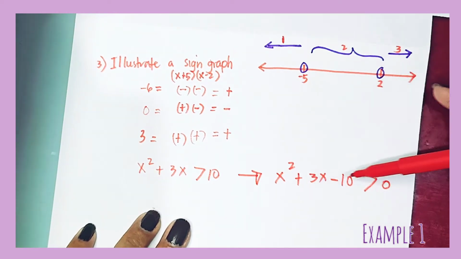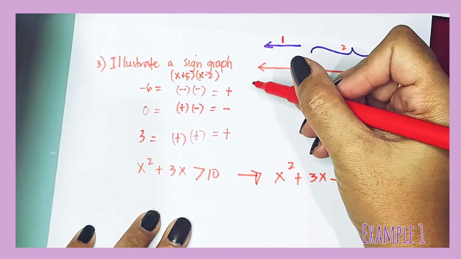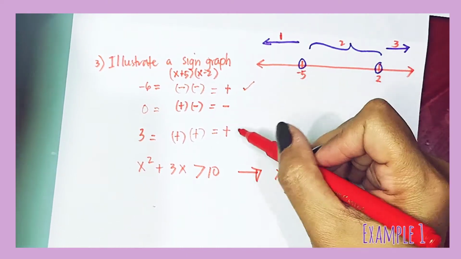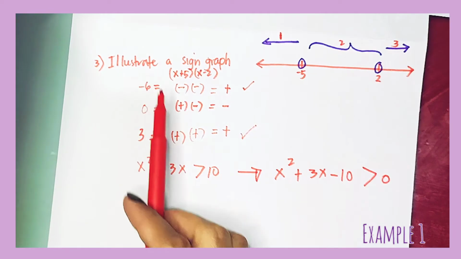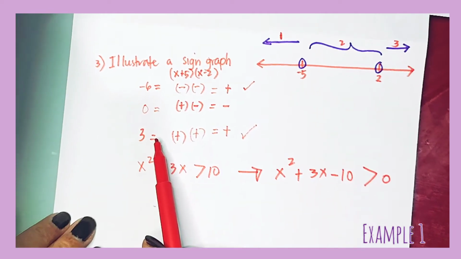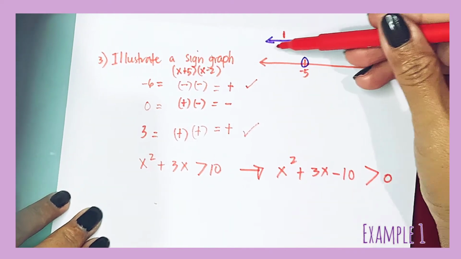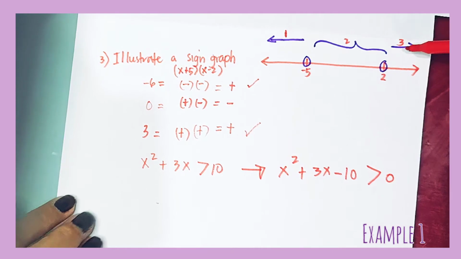The numbers that are greater than zero are the positive numbers. So region 1 and region 3 satisfy the condition, therefore the solution set is found in region 1 and region 3.